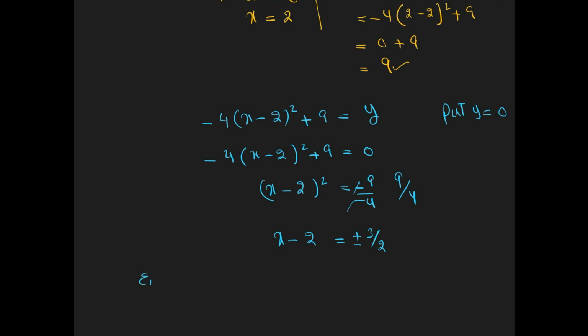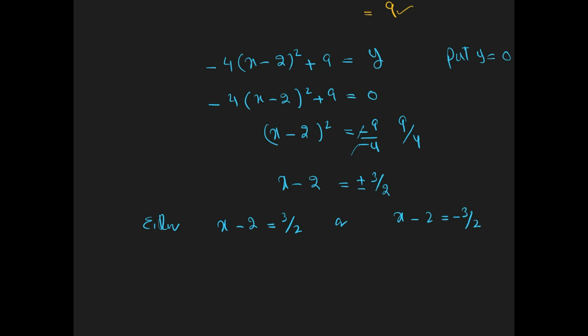Now, either x minus 2 is equal to positive 3 over 2 or x minus 2 is equal to negative 3 over 2. This gives us two values of x. x is equal to 3 over 2 plus 2, which gives us 3 and a half, and negative 3 over 2 plus 2, which gives us 1 half, 0.5.